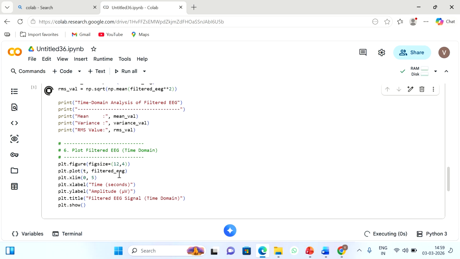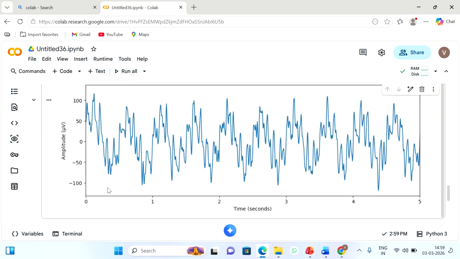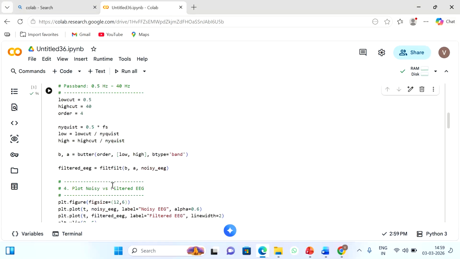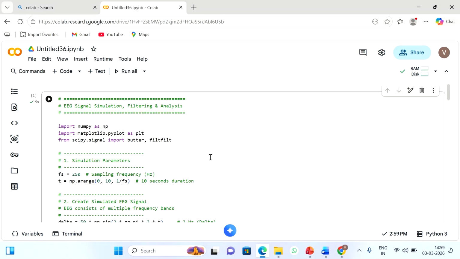I am running it; let me get the output and then I will explain line by line. This is EEG signal simulation, filtering and analysis.